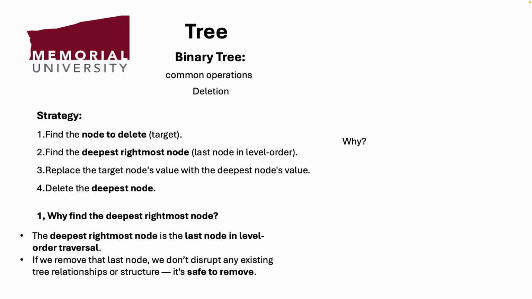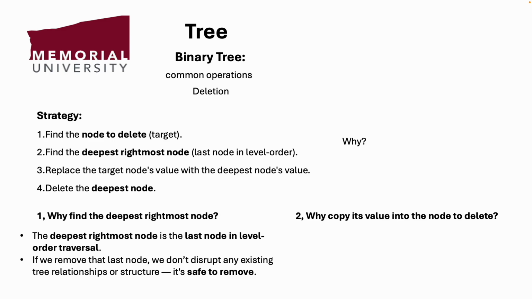It is safe to remove. For a binary tree, this is important. The goal is to keep the properties of the binary tree as much as we can. So deleting the deepest rightmost node has minimal impact on the existing tree relationships or structures.